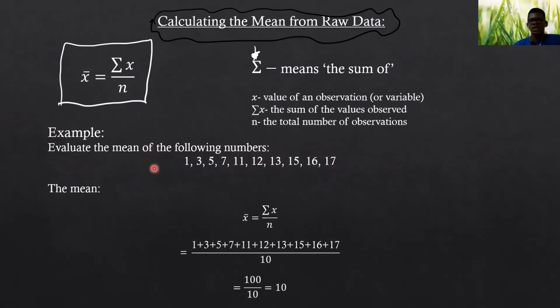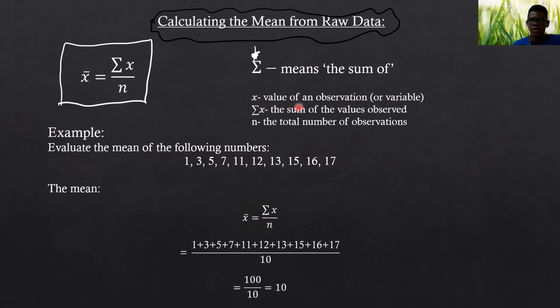Now, if you want to calculate the mean of this set of data, this is the symbol for mean, x dash, can't remember the name, epsilon x divided by n. Epsilon x means the sum of the value of each observation. X is the observation.